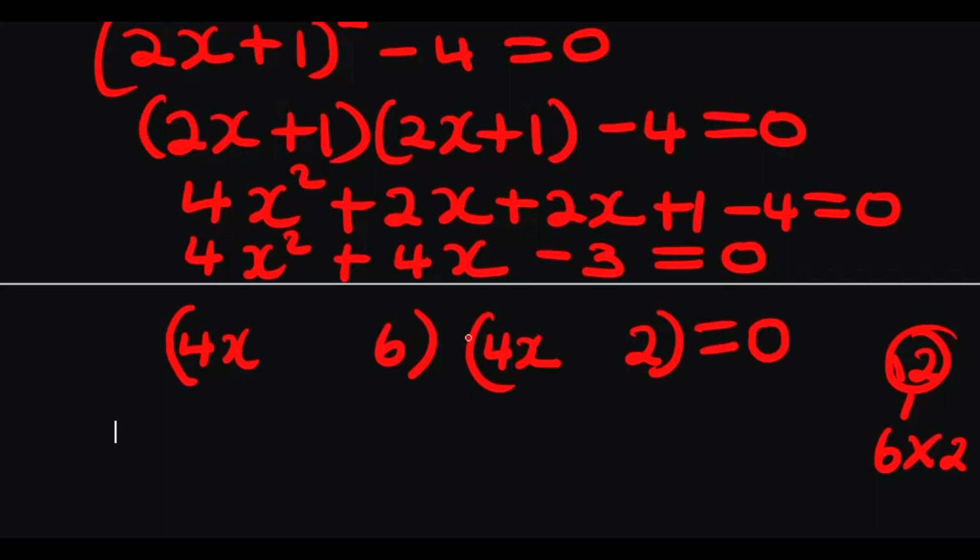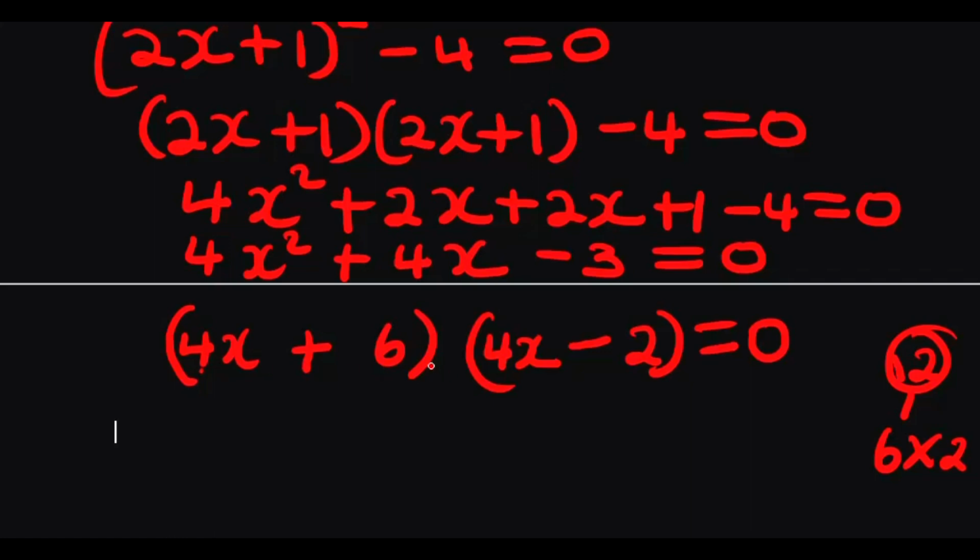About the signs, remember, the bigger number always takes the sign of the middle term. Since the middle term is positive, here we'll have positive, and here we'll have negative. Then another step is that you need to divide each bracket by the highest common factor of that bracket.